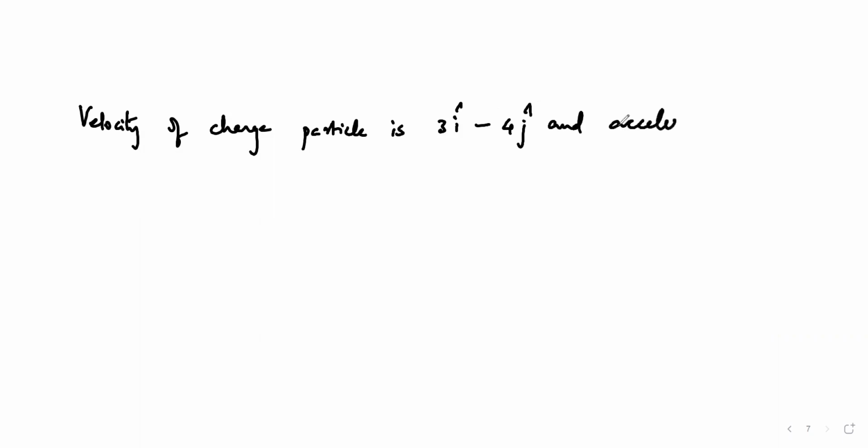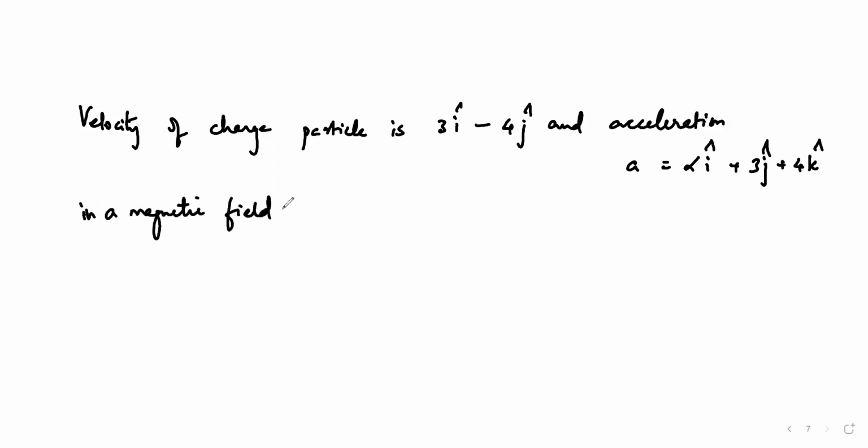Velocity of a charged particle is 3 I cap minus 4 J cap, and acceleration a is equal to alpha I cap plus 3 J cap plus 4 K cap in a magnetic field. Find the value of alpha.